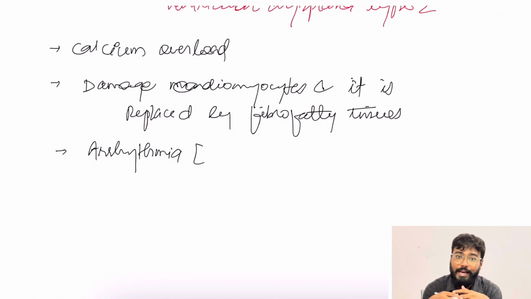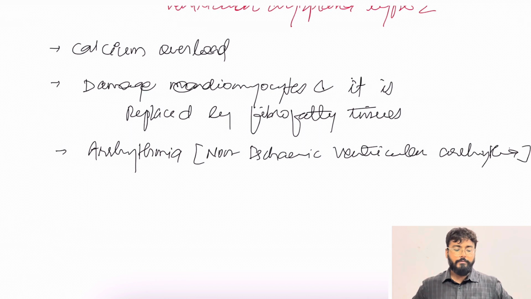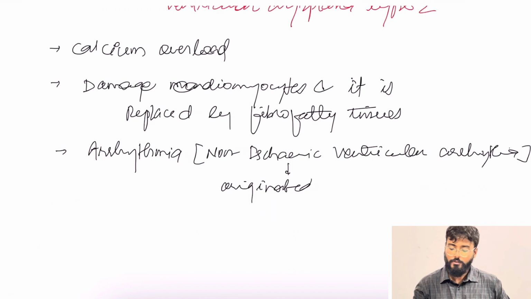You also get arrhythmias when there is ischemia. But this kind of arrhythmia is non-ischemic ventricular arrhythmia, which primarily originates from your right ventricle.